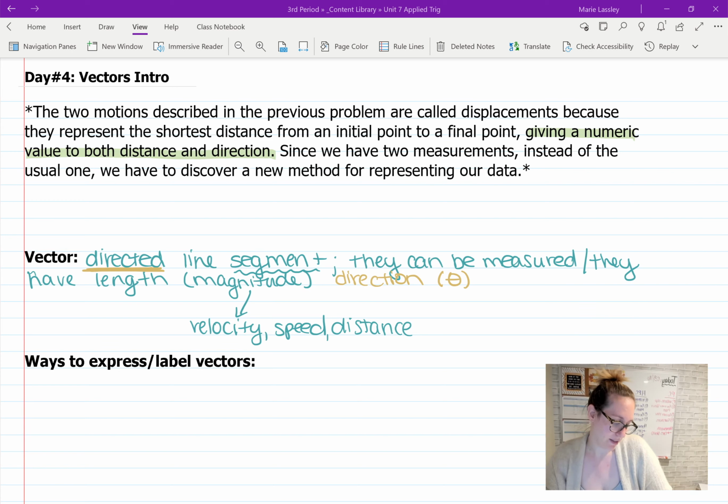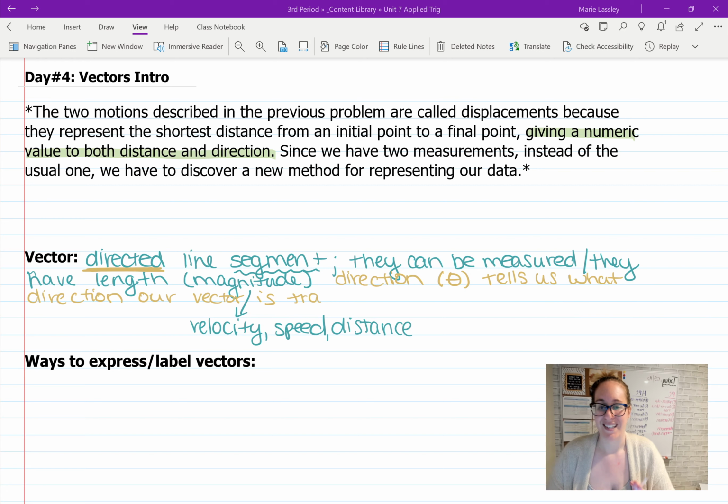And this tells us what direction our vector is traveling. So it's a directed line segment. Direction is the angle at which we are traveling, and it's a segment, so we know that it can be measured and it has length, and we call that length the magnitude.